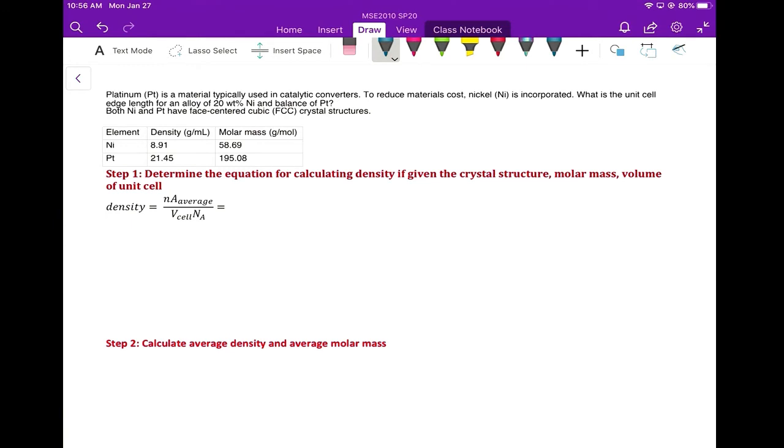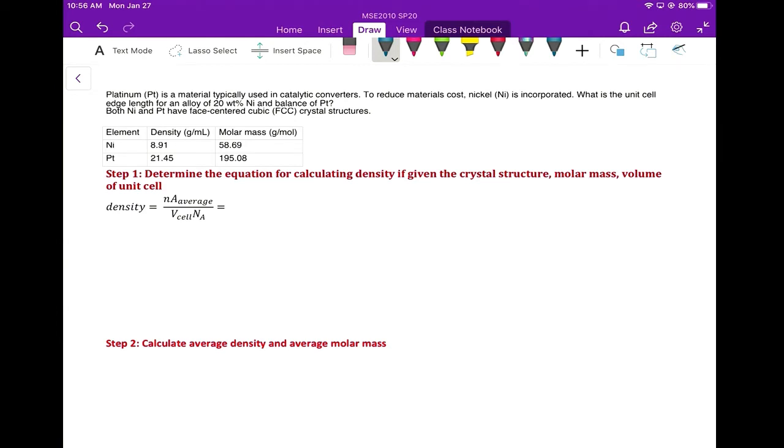We've done this calculation for copper only, and we've calculated the theoretical density of copper. So we know how to relate the unit cell edge length, a, to the given parameters of molar mass as well as the volume.